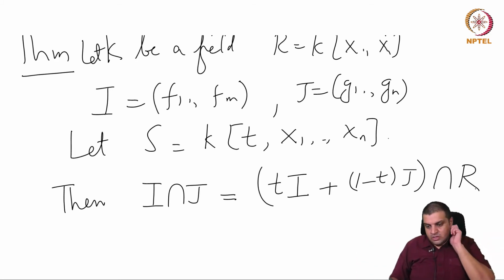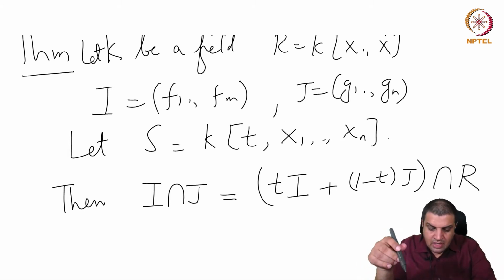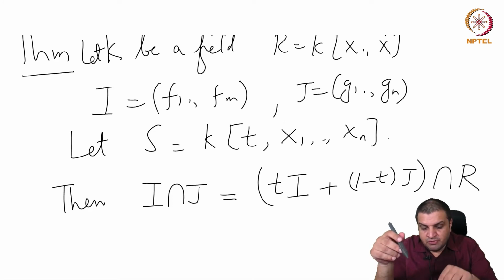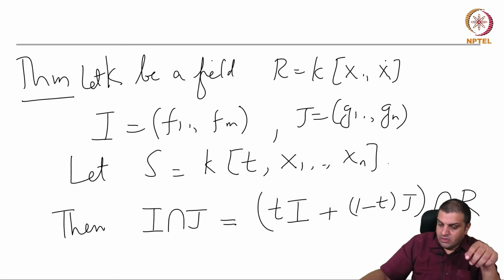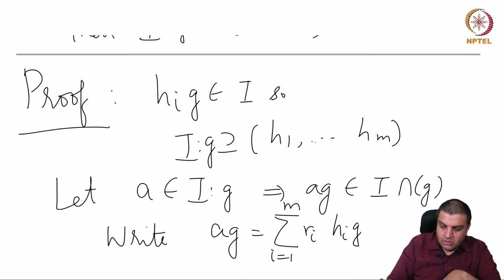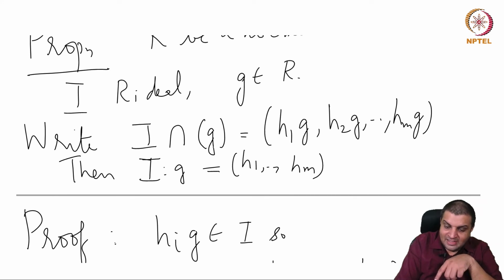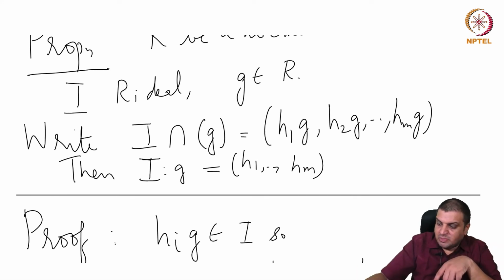So let's just read this. This settles the question. This gives us a way to compute an intersection of two ideals in a polynomial ring, which can now be used to address this part of intersecting I with a principal ideal, and then somehow we have to divide this.